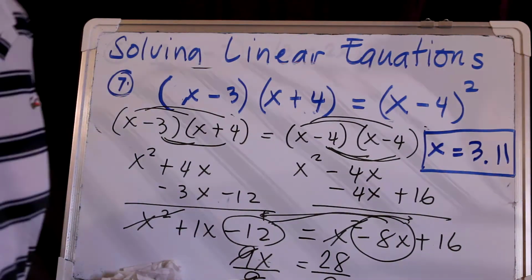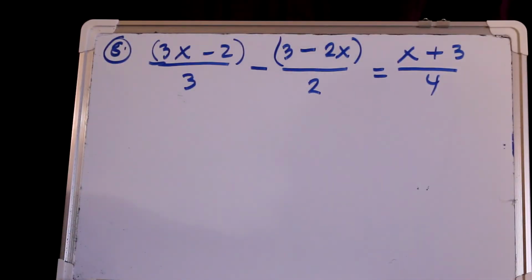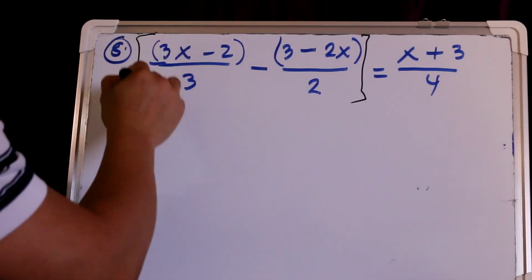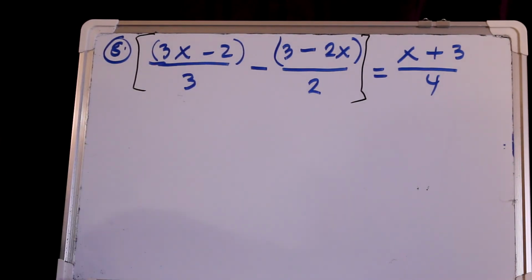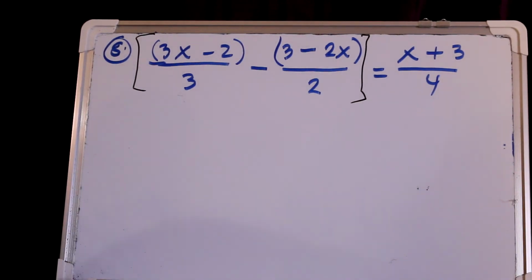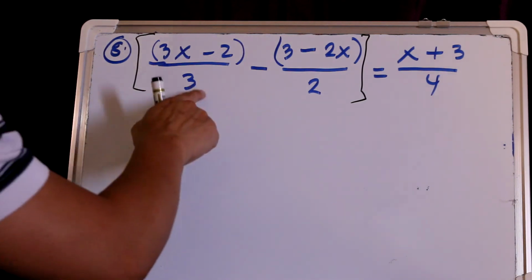Okay. So what if you have a fraction in solving linear equation? So for this case, we are going to focus on this one first. You know the algebraic fractions that we have in the previous videos, we need to make the denominator the same before we can minus or add them. So we will make them the same.